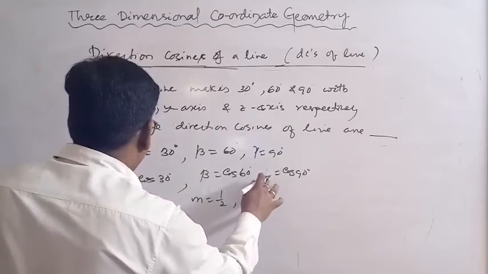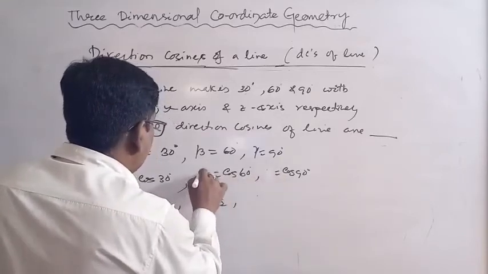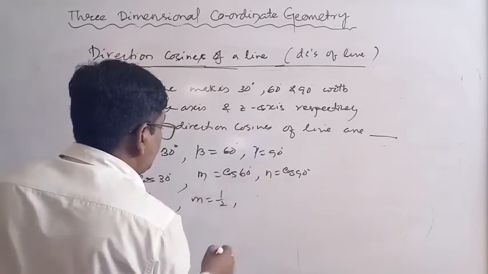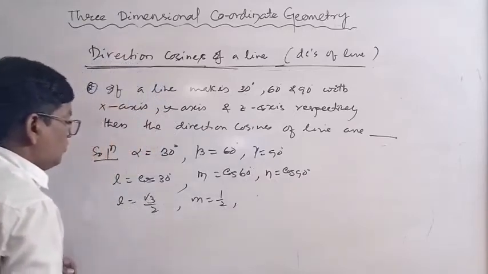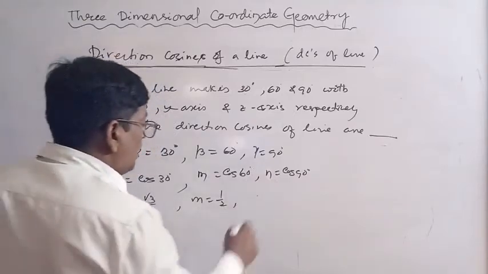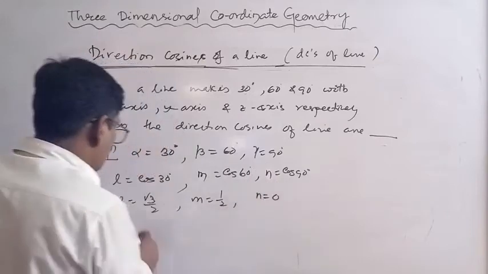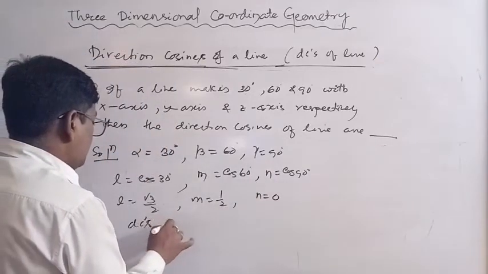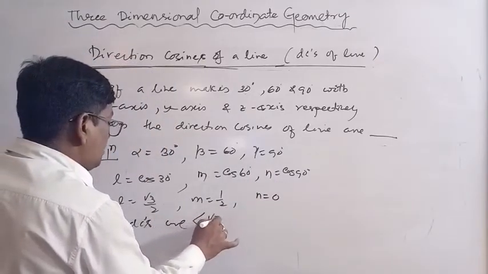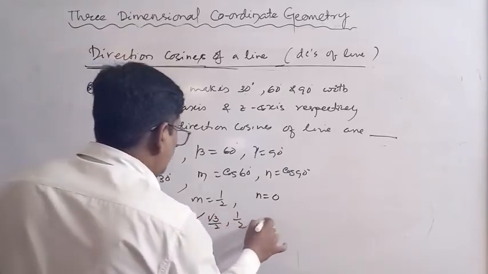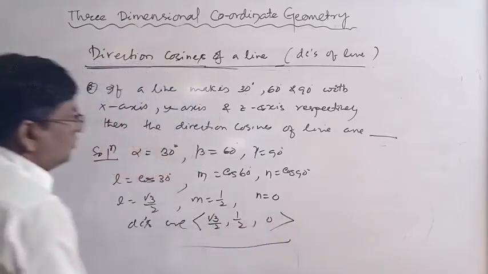So L is equal to root 3 by 2, M is equal to half, N is equal to 0. So the DCs are root 3 by 2, 1 by 2, 0.